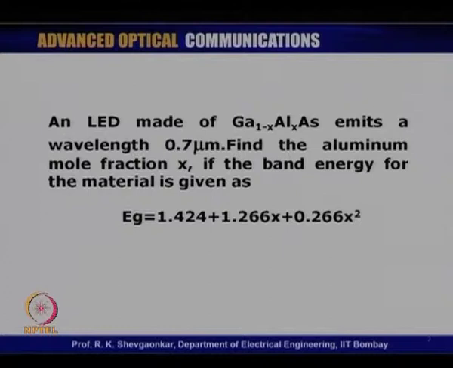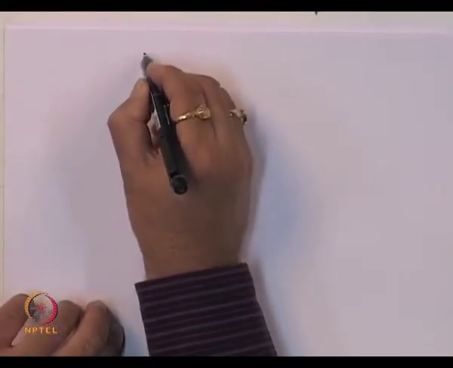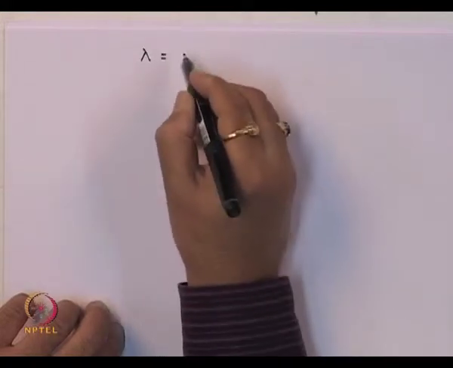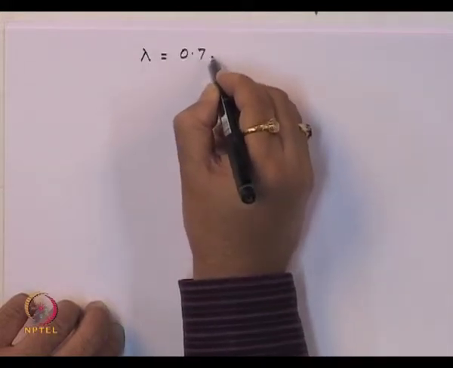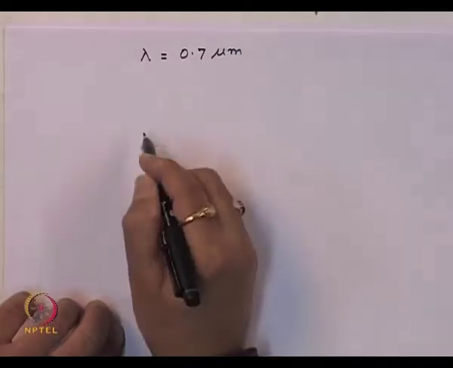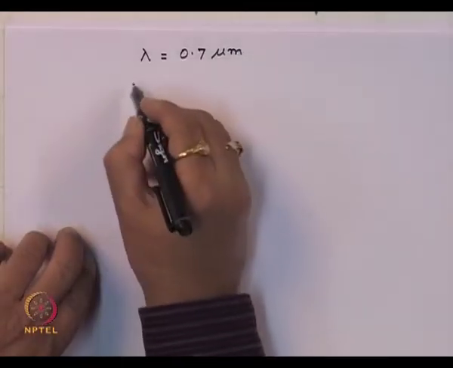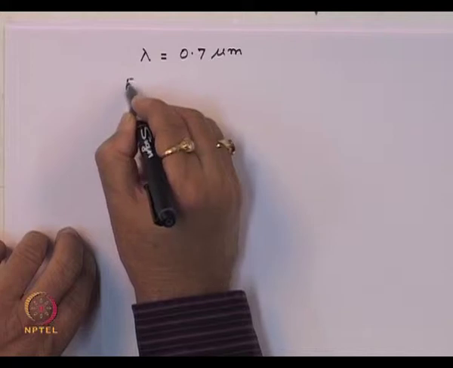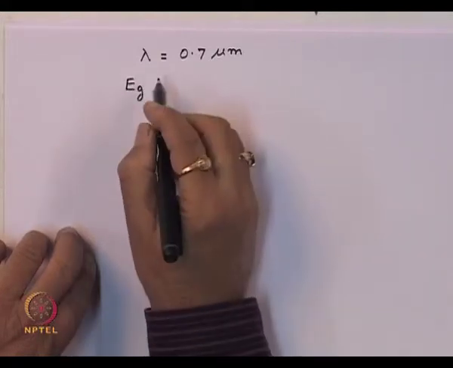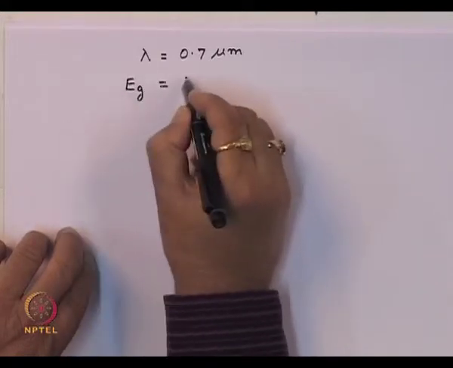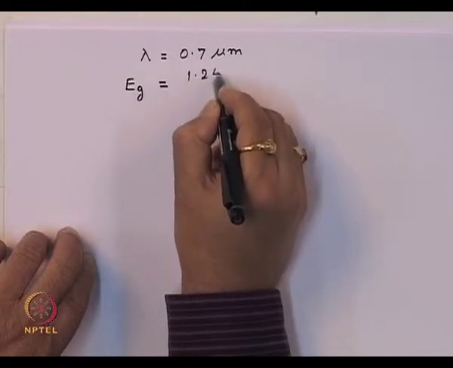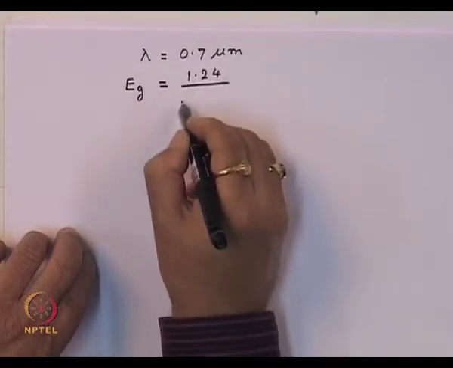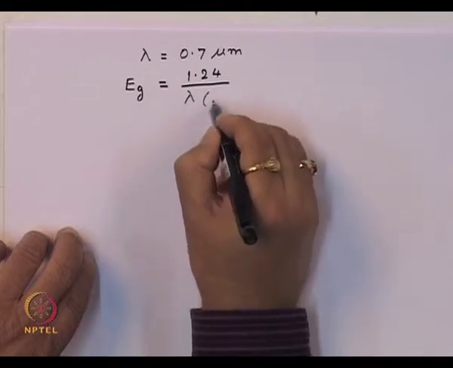Essentially, what we are going to do, first, we convert the wavelength of emission to the corresponding band gap energy. It is given that lambda for the LED is 0.7 micrometer. We know from the very basic relation that the band gap energy is given as 1.24 divided by the wavelength of emission in micrometers.